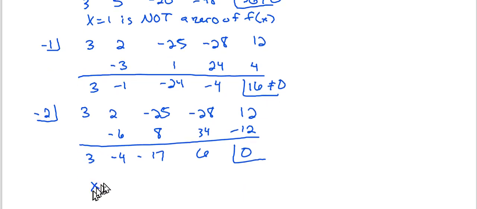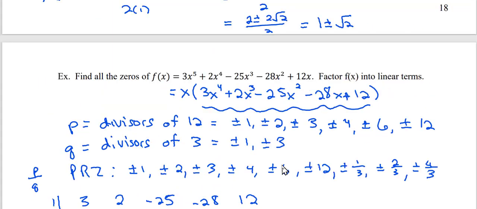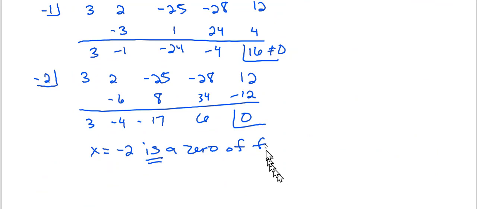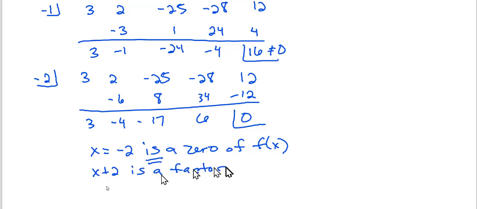When you get remainder 0, x equals negative 2 is a 0 of, is this f of x? Did I call it f of x or g of x? Yep, f of x. So here's where we are so far. That also means x plus 2 is a factor. So f of x, remember we had that x hanging out there.